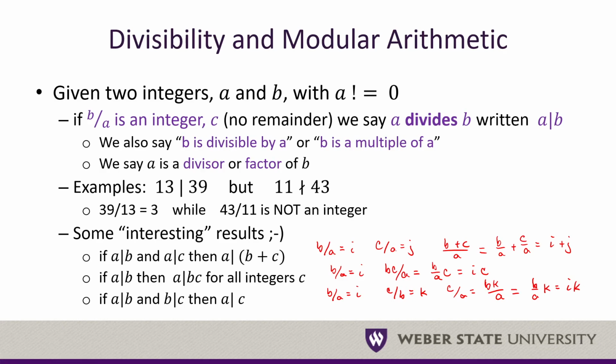So if A divides B and B divides C, then A is going to divide C.